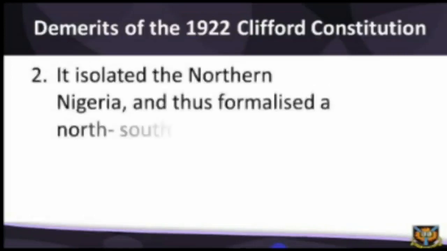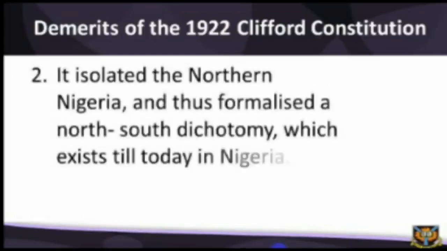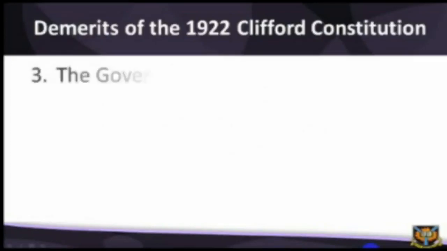The income qualification of £100 per annum was too high for the majority of Nigerians, and thus they were disenfranchised. The Constitution isolated northern Nigeria, and thus formalized a north-south dichotomy which exists till today in Nigeria.